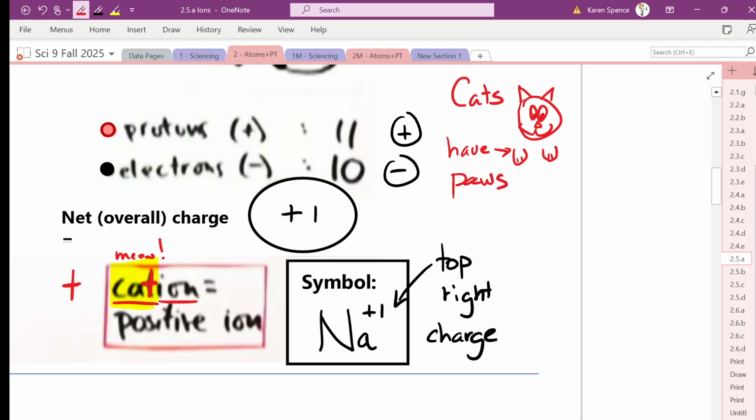What charge is a cation? Positive. So two ways to remember it: the cat has a plus in the middle of it, or cations are positive.